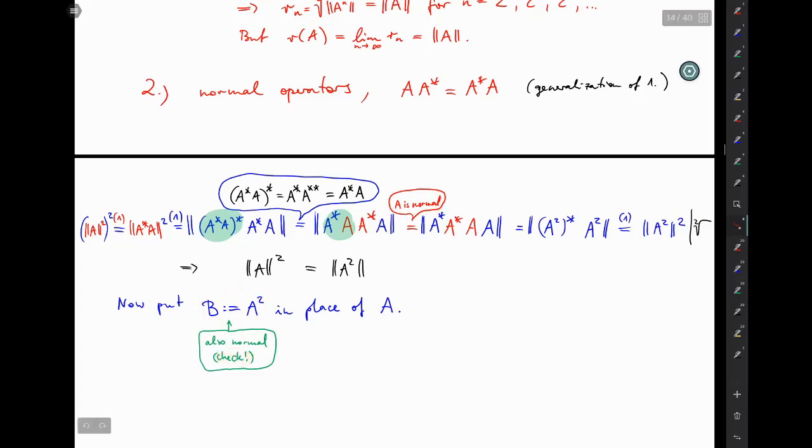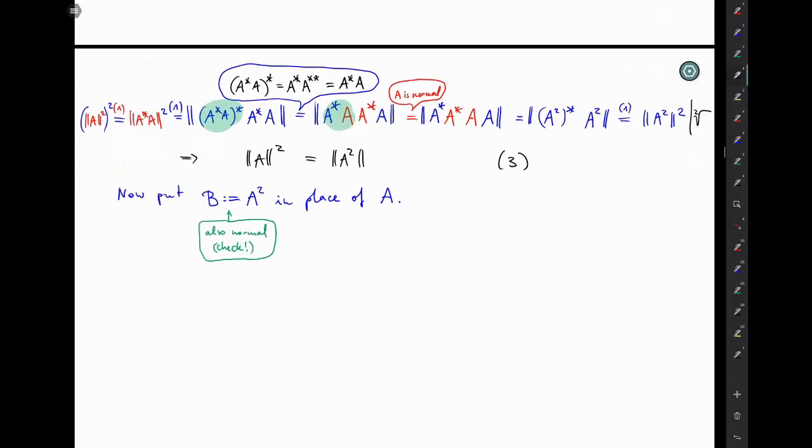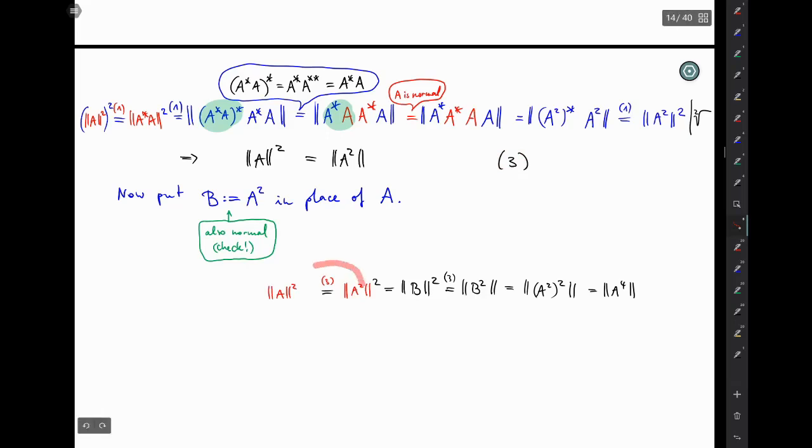So for better reference, let's label this last equality by number 3. And then we start from here, only that we write b instead of a. But b is just a squared. So we get norm of a squared squared over here, which is just norm of a to the power 4. And on the other side, we get norm of a squared and then squared outside. But for the red bit, we again apply number 3, which brings this square out here.